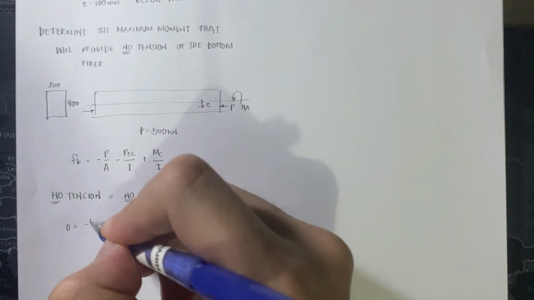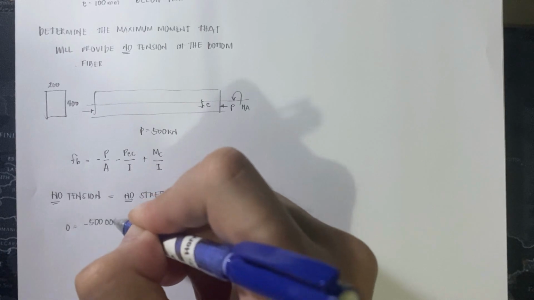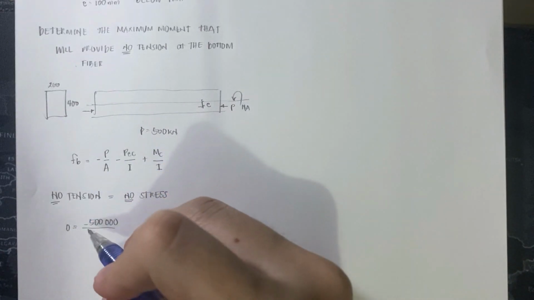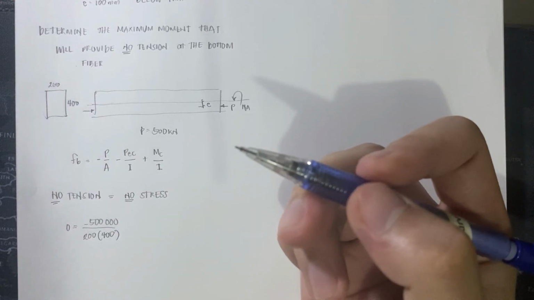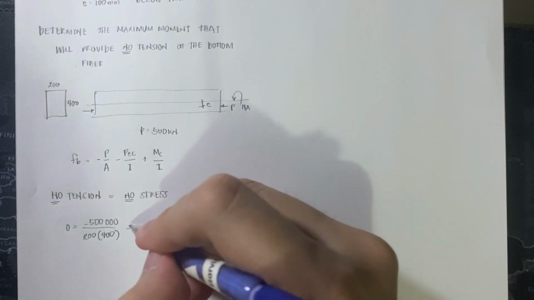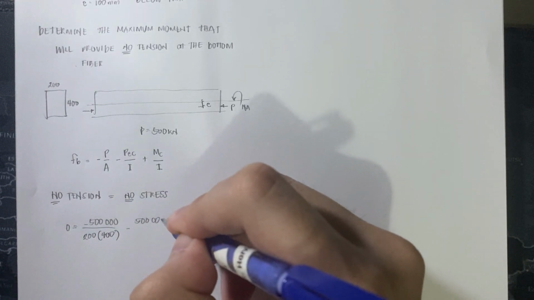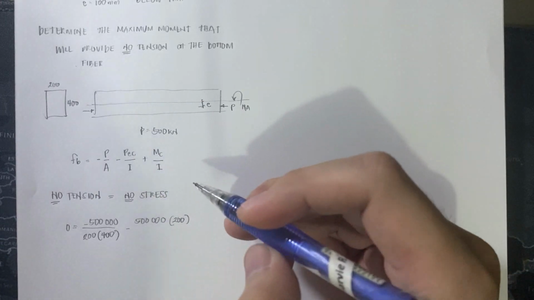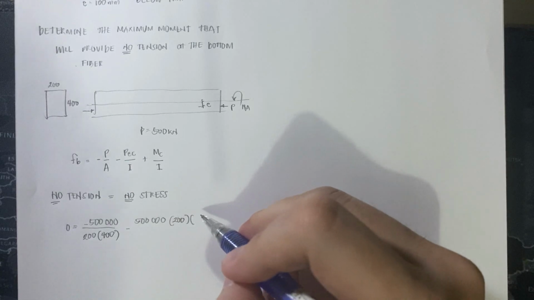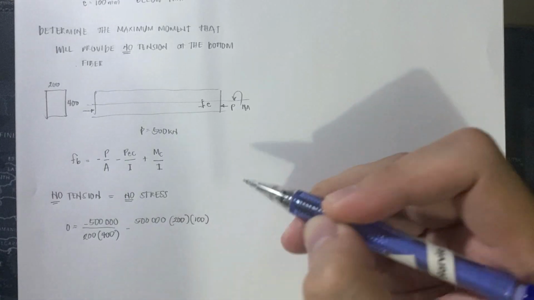So negative P over A, that would be 500 kilonewtons, so 500,000 divided by the area of the beam, 200 times 400, minus 500,000 again, multiplied by the eccentricity, where 200 is C and 100 is e.